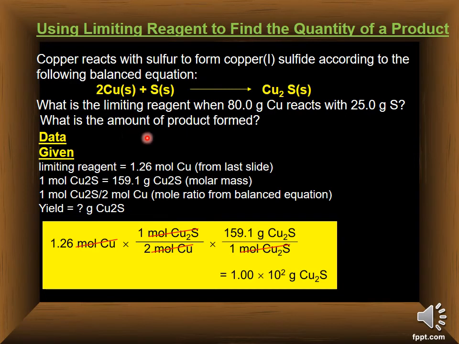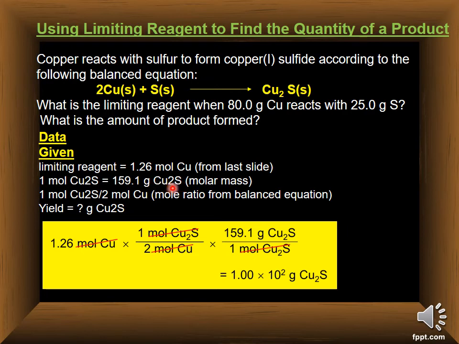Now you can see here that 1 mole of copper 1 sulfide, how much is that in grams? It is 159.1 grams. How do you calculate it? 2 times 63.5 plus 1 times 32, because the number of atoms is 2 for copper, with atomic mass 63.5, plus 1 atom of sulfur times its atomic mass, which is 32.1.